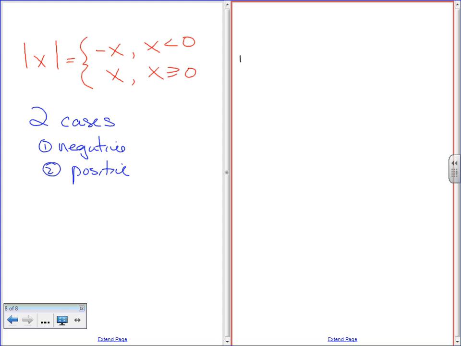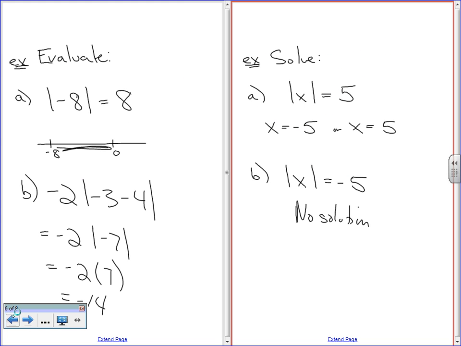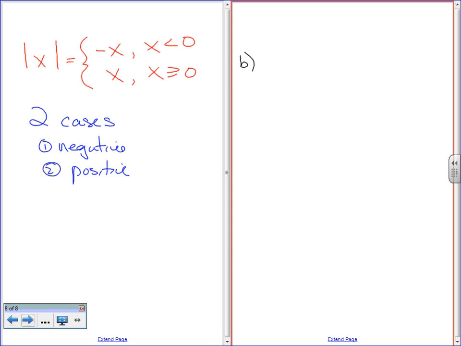Okay? So if I have a question like this, question B, so we're still under the heading of this example here. I want you to find out the values of when the absolute value of 2x minus 3 is equal to 16.